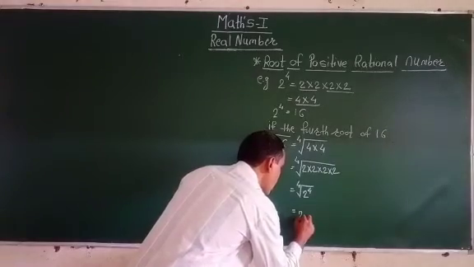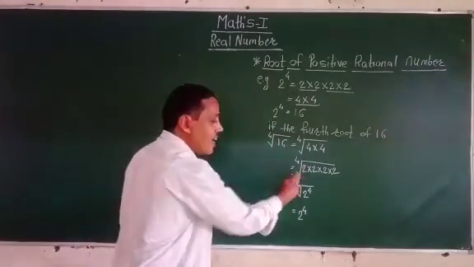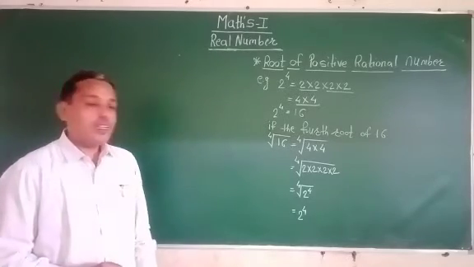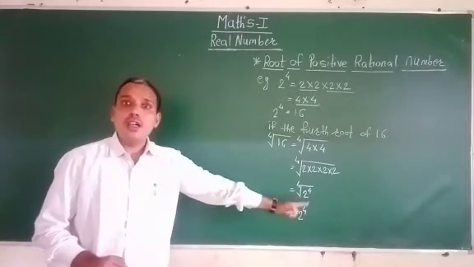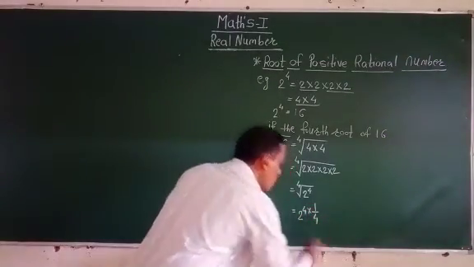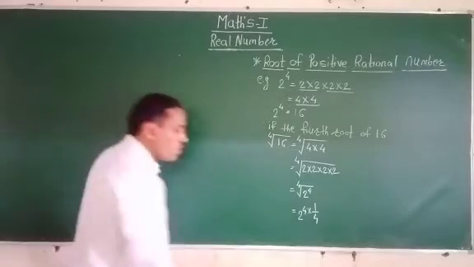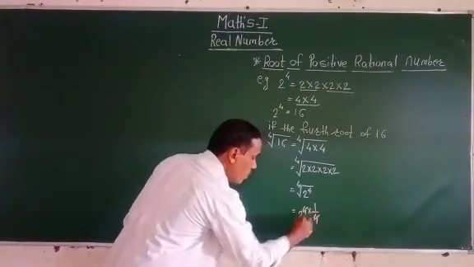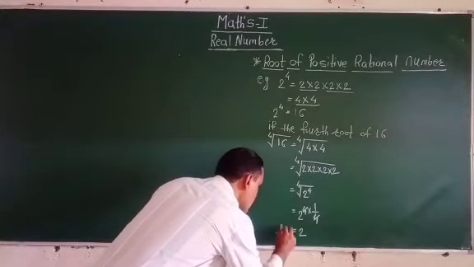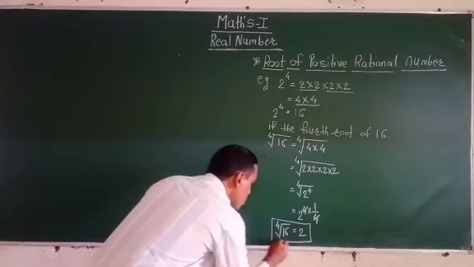When we remove the radical sign, we write the index as a rational number, so we multiply the 4 by 1 by 4. Then the 4 and the 4 cancel, and we get the value 2. That is why the fourth root of 16 is 2.